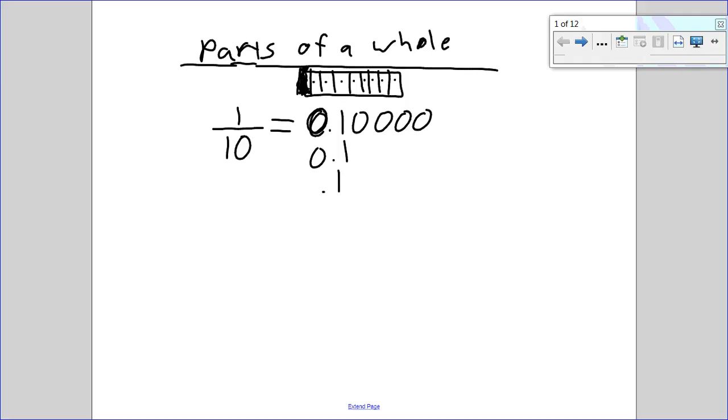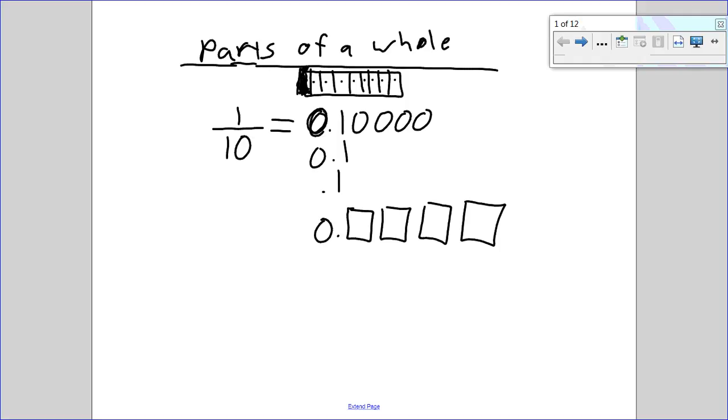What these different decimal places mean: we have this first decimal place, second decimal place, third decimal place, fourth decimal place. They actually represent fractions, and they're all over multiples of 10.